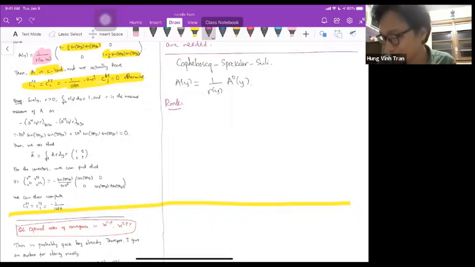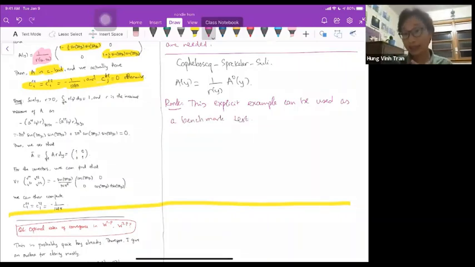Okay, so this explicit example can be used as a benchmark test. Why is it good? It's good because not only do we know the invariant measures, but we also know it's CBAT.